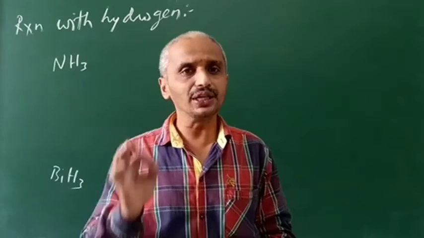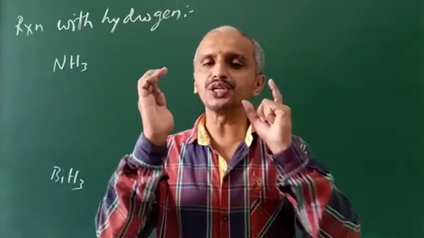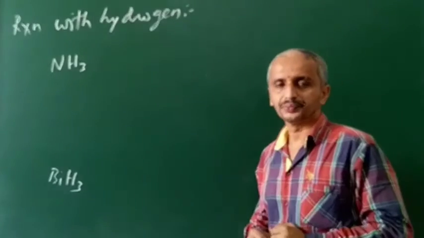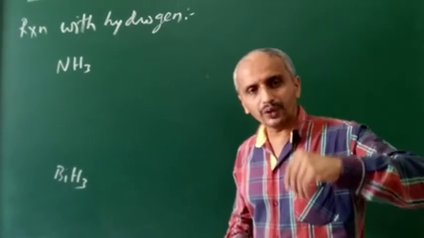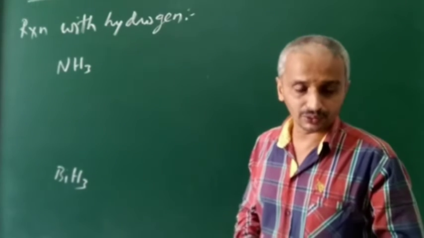Anything which donates hydrogen is a good reducing agent. So what do you think? Will ammonia or BiH3 be the better reducing agent?